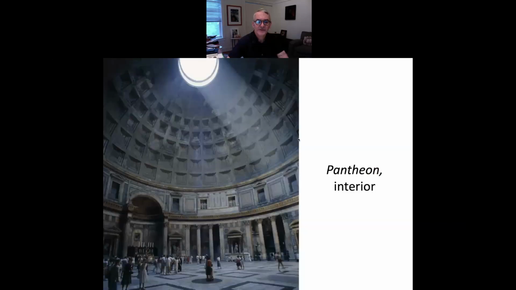All right, so here's the interior of the Pantheon. It is made of concrete. So the Romans developed concrete as a building material, and they used it for a lot of applications.